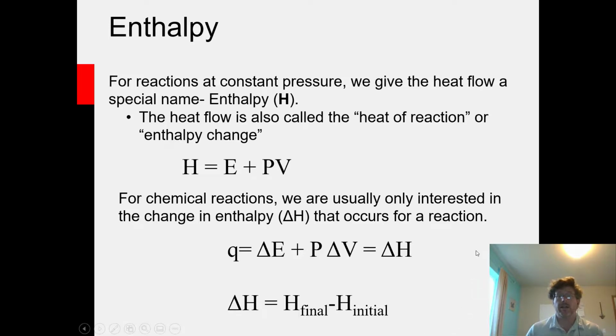And so when we're talking about a chemical reaction or a physical process like an ice cube melting, now we're talking about a system that's changing against a constant pressure. And instead of talking about heat flow, we're just going to replace the heat flow Q with the enthalpy change delta H. And that's how the enthalpy change delta H will now be the framework that we use to talk about how a reaction gains or releases heat as it's happening.